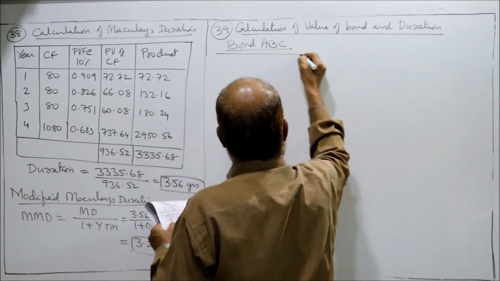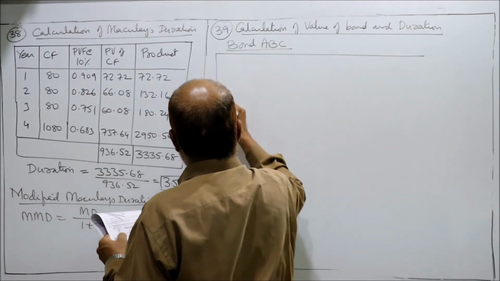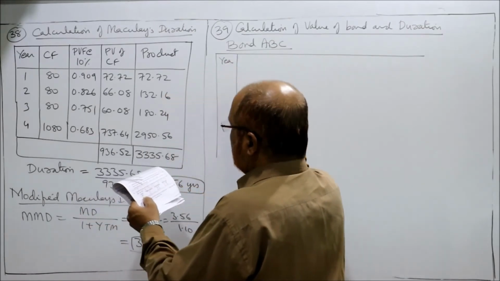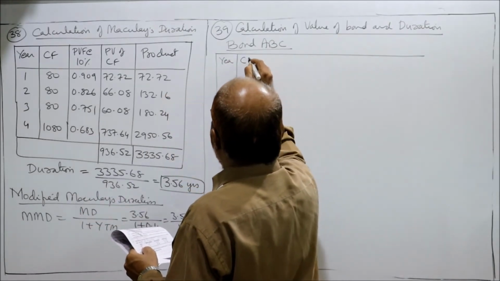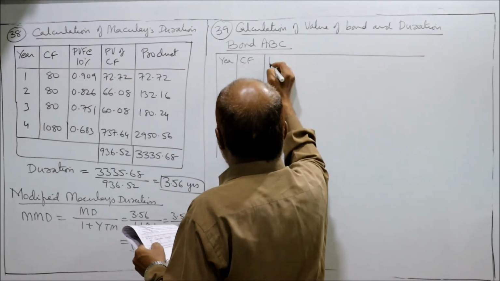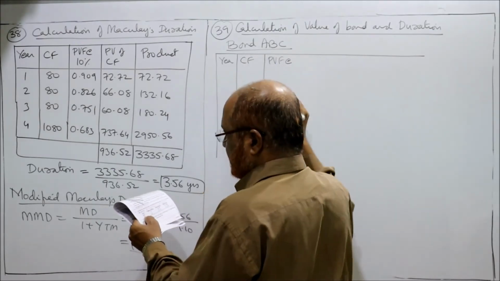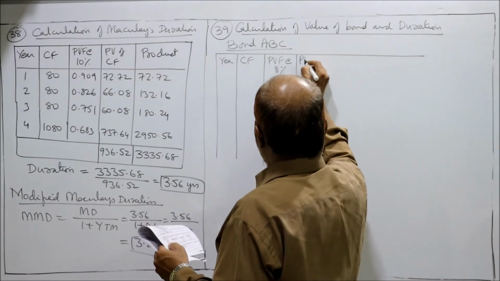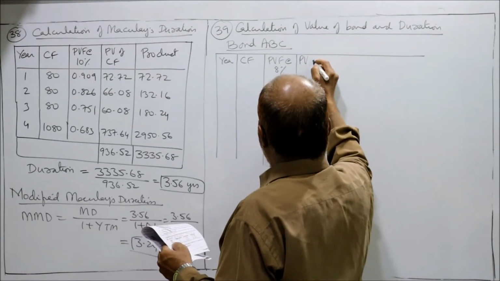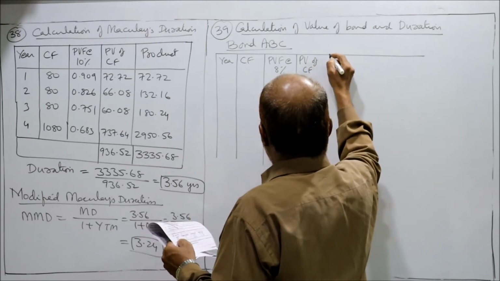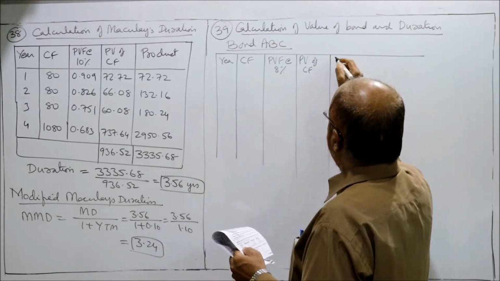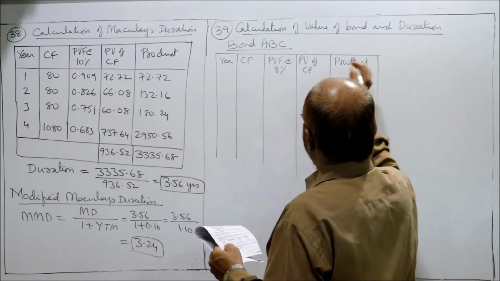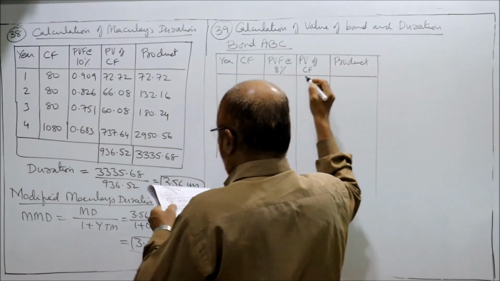We take year, then cash flow, then PV factors at the rate of 8%, then PV of cash flow, then product.